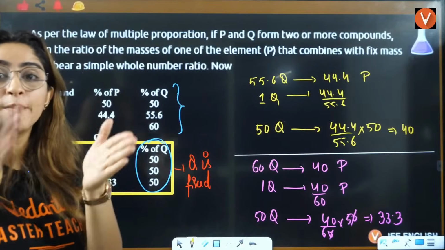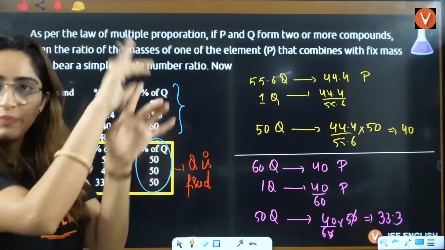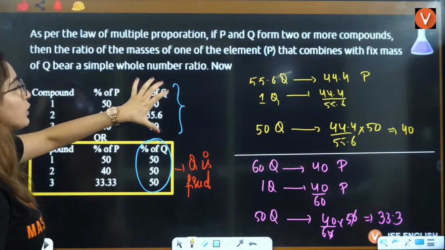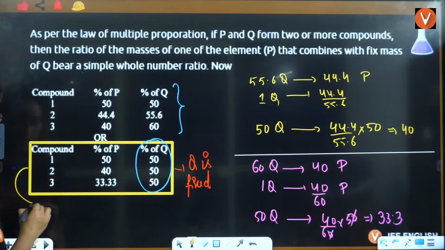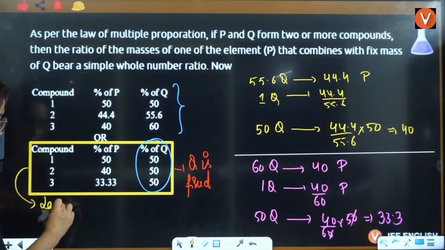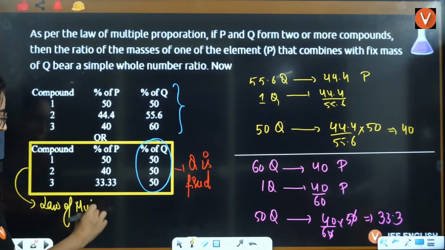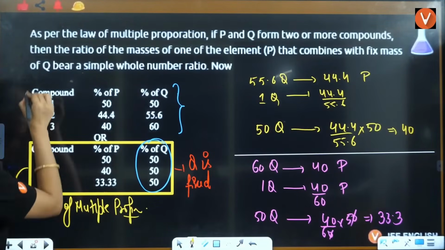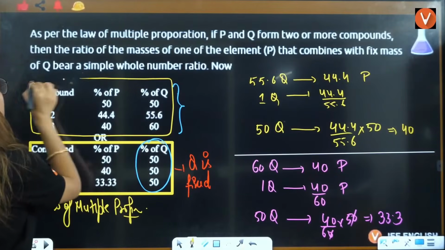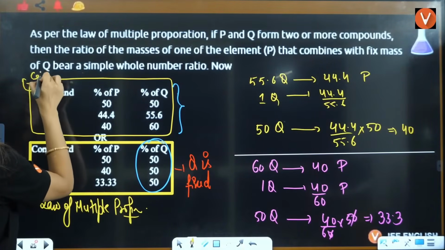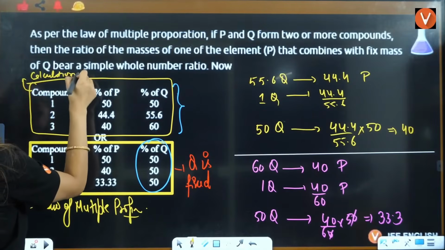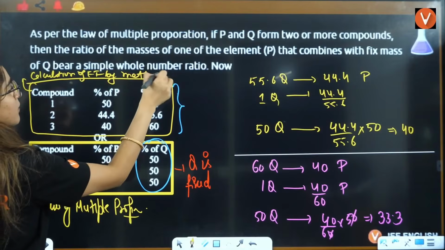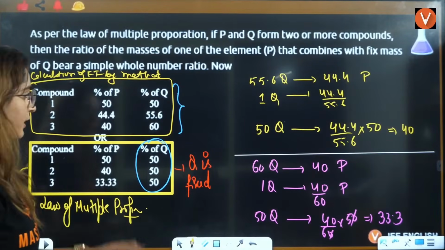Whenever you are calculating the empirical formula by this table, the composition by atomic weight and then simple whole number ratio, you will use this data. The other data is to verify with the help of law of multiple proportion. This table is for calculation of the empirical formula by the proper method.